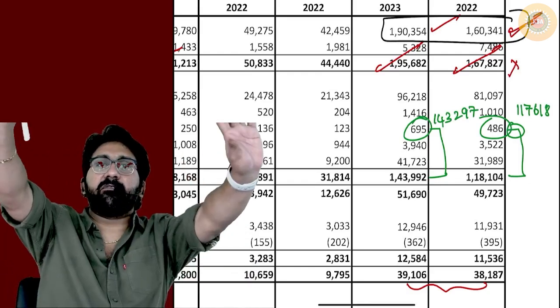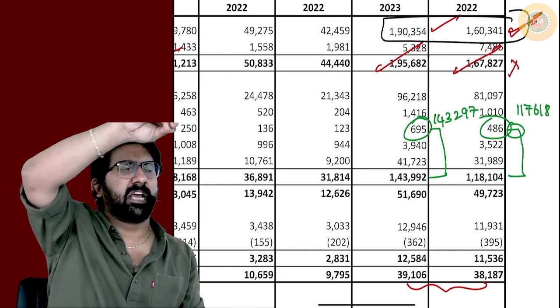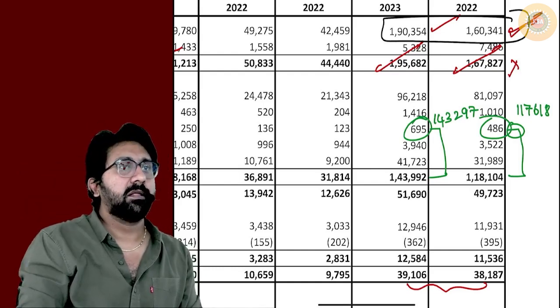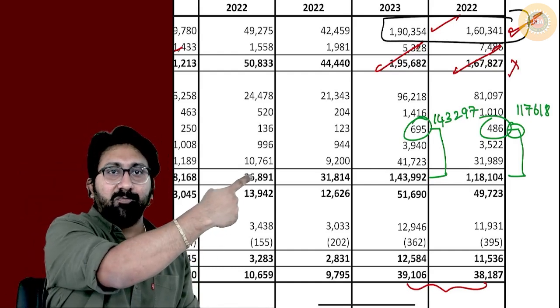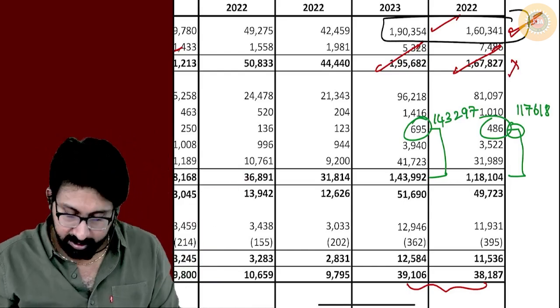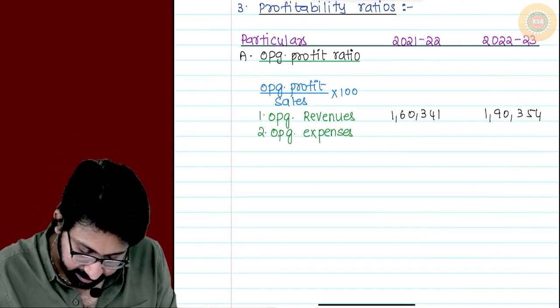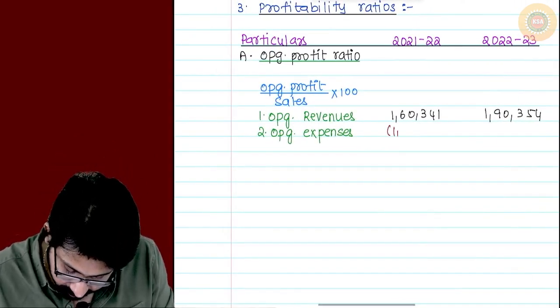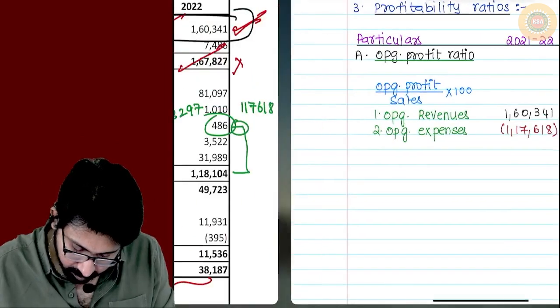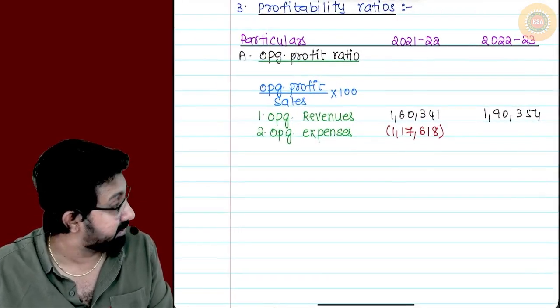First, always everyone tell me, this company is having negligible debt. That's why debt expense is also, see how much less it is. For them it is negligible. So tell me 117,618, 143,297.